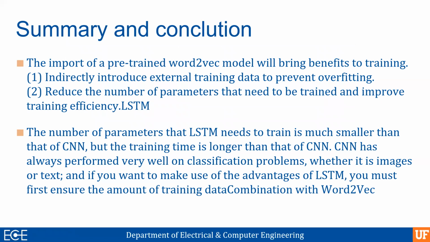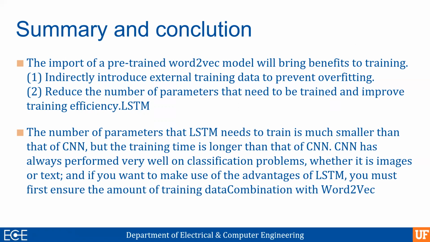So the conclusion is that importing the pre-trained word2vec model brings benefit to our training. First, it indirectly introduces external training data to prevent overfitting. Second, it reduces the number of parameters that need to be trained and improves the training efficiency of LSTM and CNN.